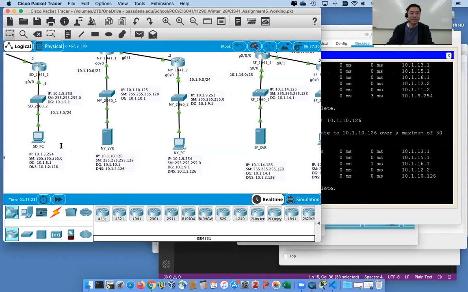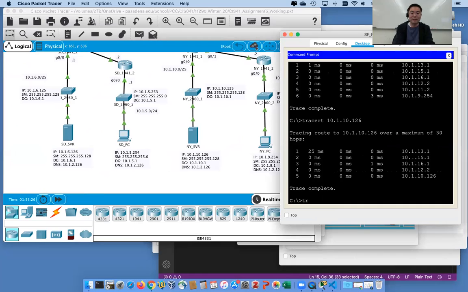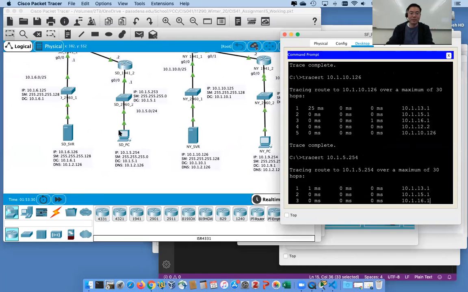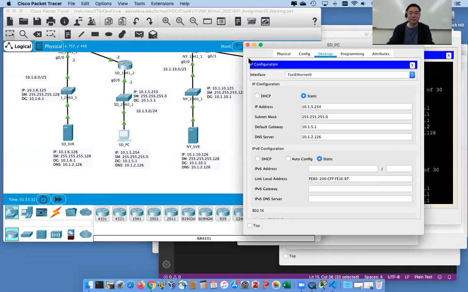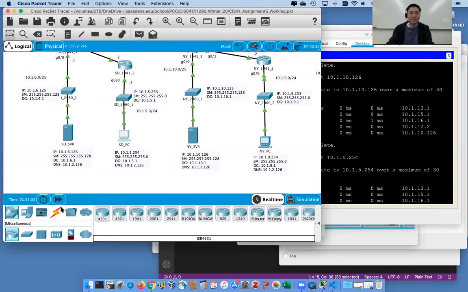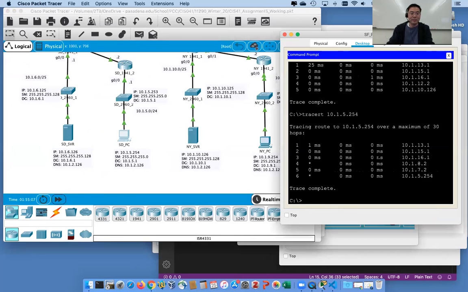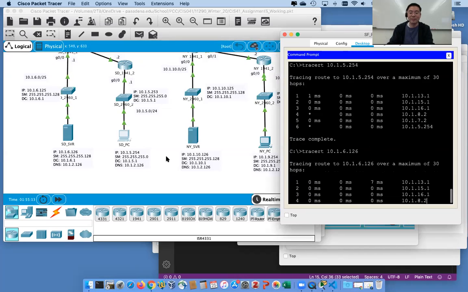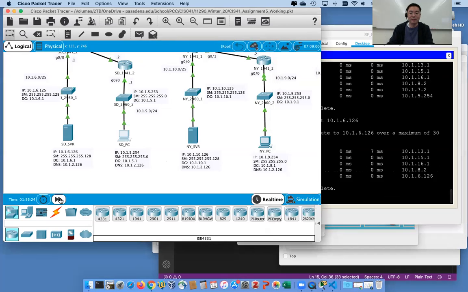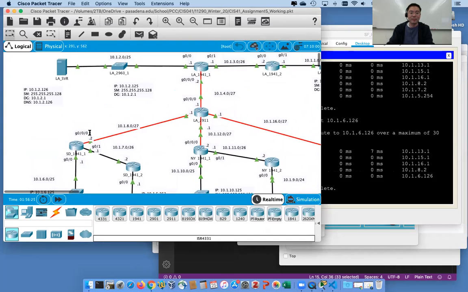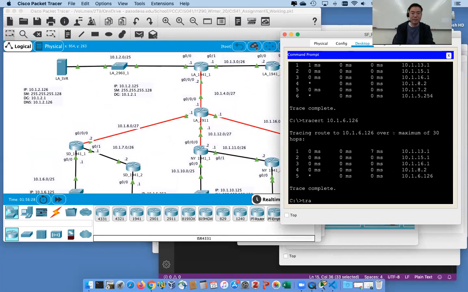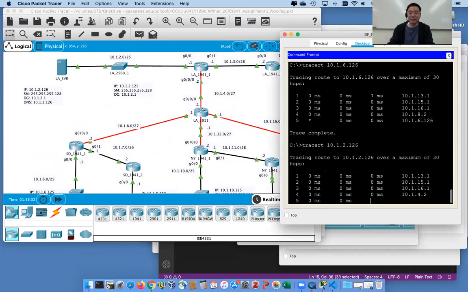Okay. So far looking good. 254. And 6. All right, so far so good. 10.1.2.126.